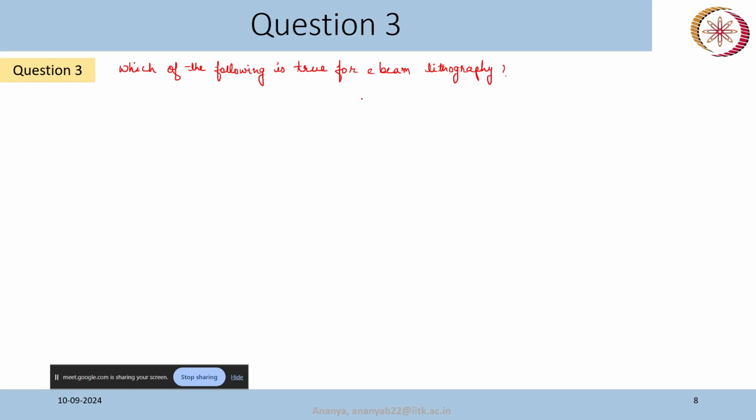Which of the following options is true for e-beam lithography? The options are A, light is required for the lithography.